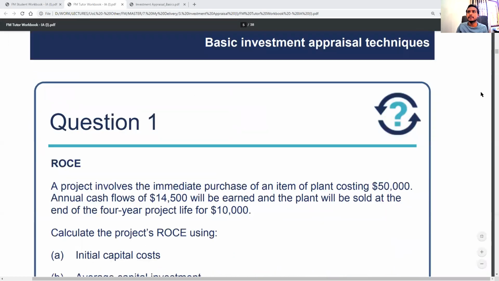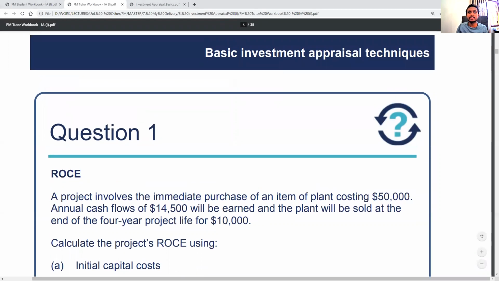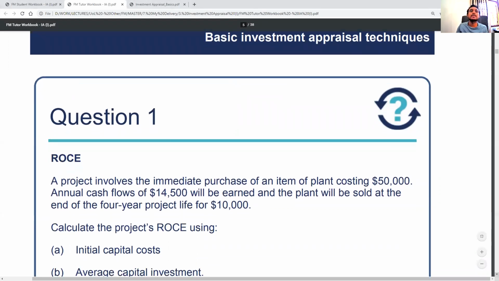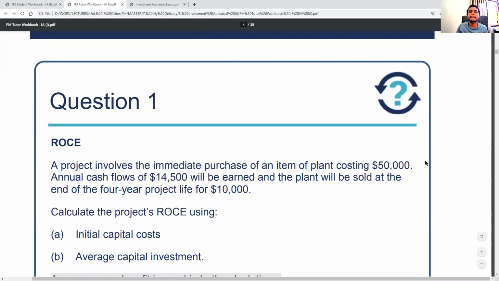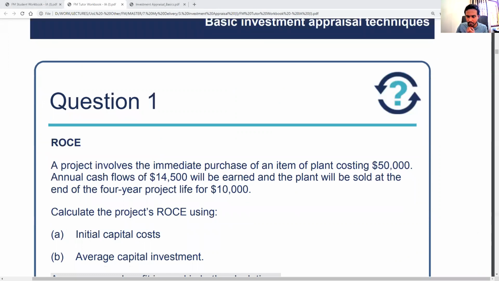Okay. So can you guys quickly give me the answer for this? 36% for the A. Okay. And 60%. That's what I got.